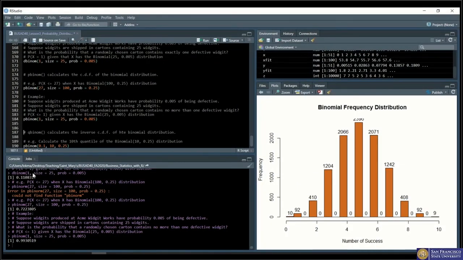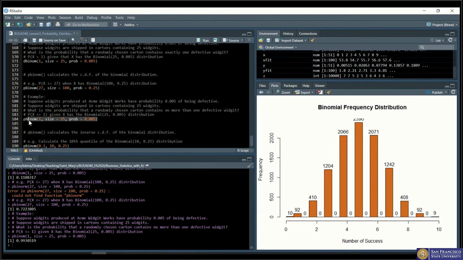In this case, it's giving you the right-hand tail probability. This probability is basically anything that includes 0 and 1 right here.